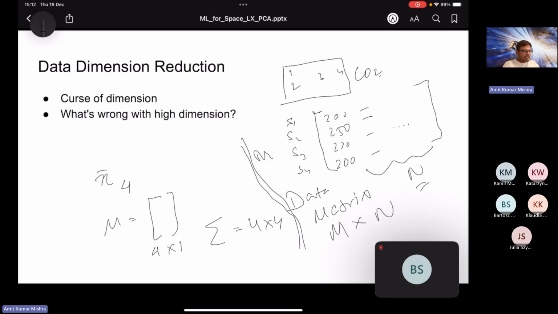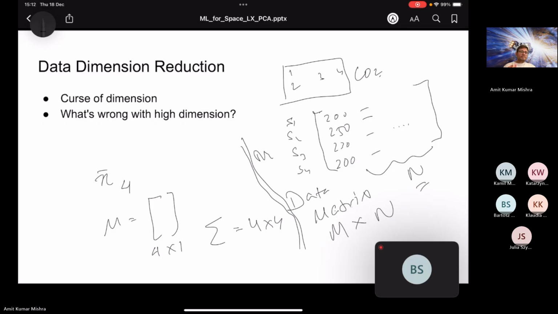The second problem is, let us look at this setup. We have 4 sensors in a room, and even if it is a big room, with 4 sensors for just carbon dioxide, you don't really expect that they will all be reading very different readings, right? Mostly, whatever all these 4 sensors read, they will be related to each other.